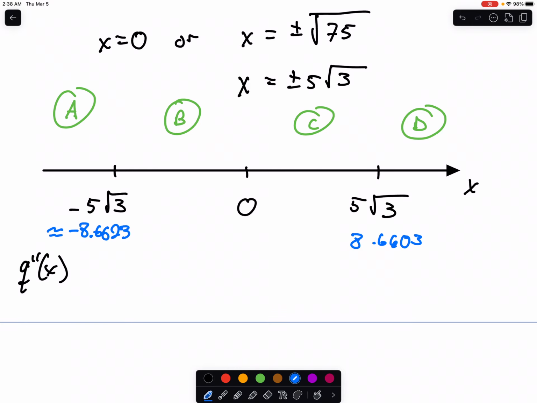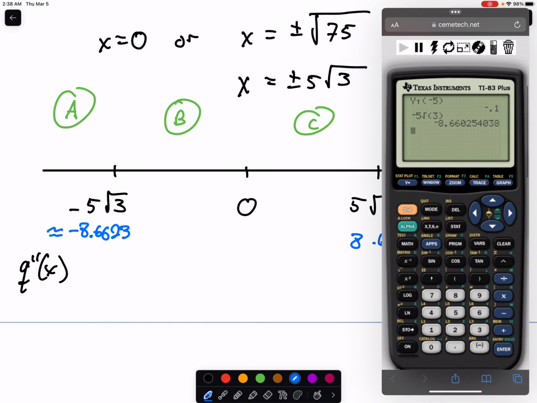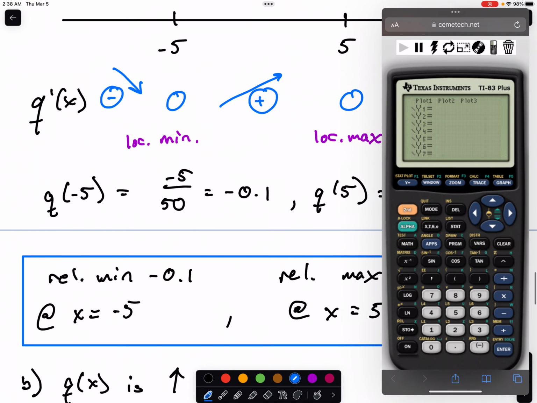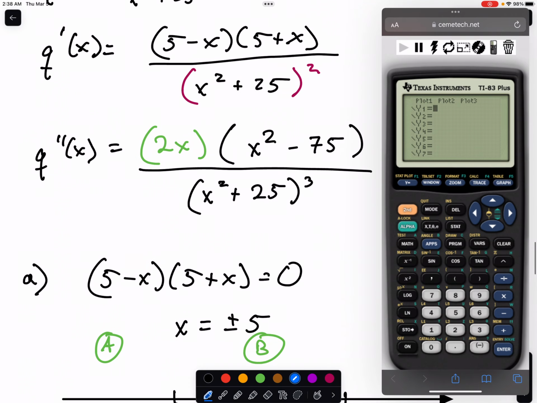If we take negative 10, what I'm also going to do is go to my y equals and plug in my second derivative right there. So my numerator is 2x times x² minus 75, and then divided by x² plus 25 to the power of 3.